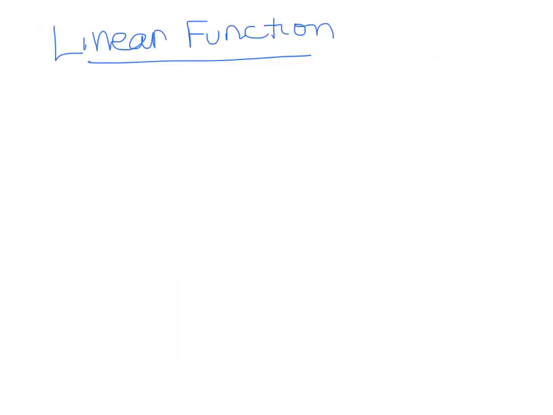Okay, so earlier we talked about this new function notation where we're using f of x to name our function. It can be a linear function if it comes up with ordered pairs that make a graph of a straight line. So the ordered pairs are going to come out to be x comma f of x, right? But remember, we're just really replacing y with f of x.